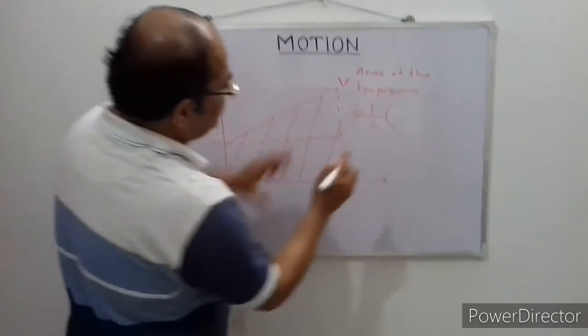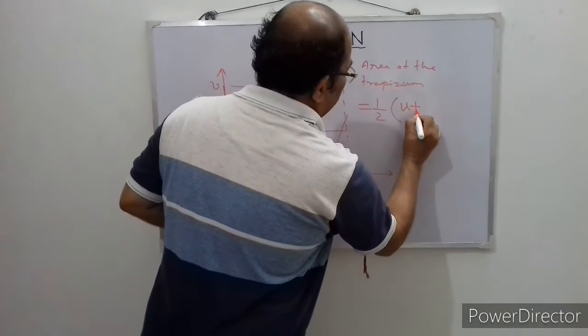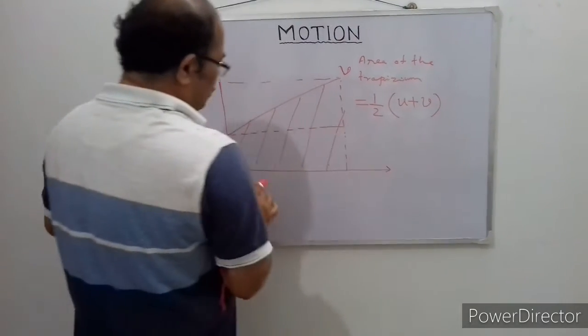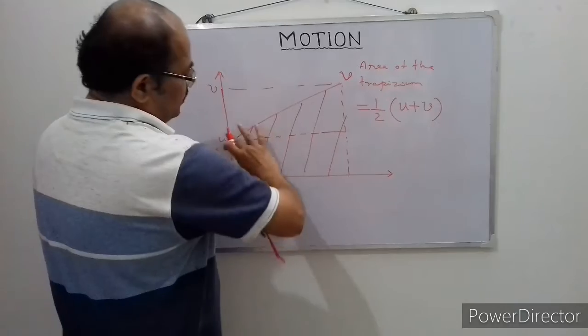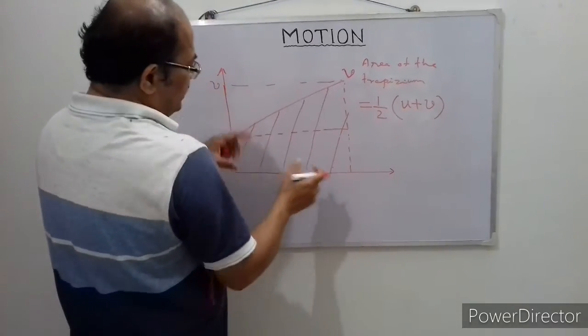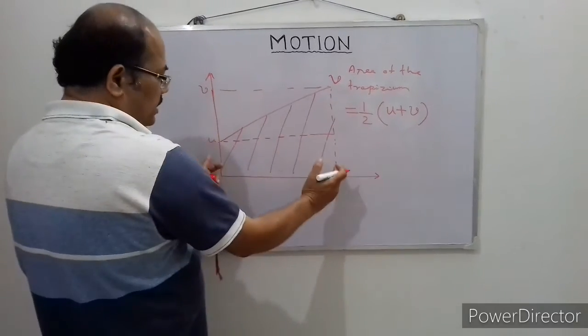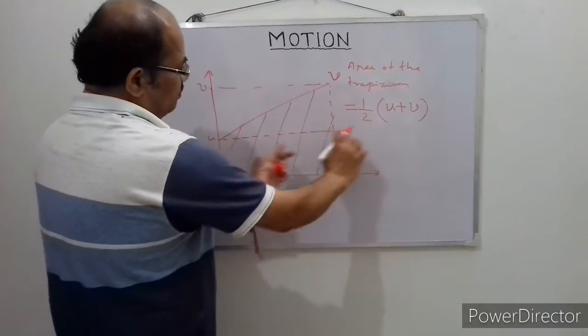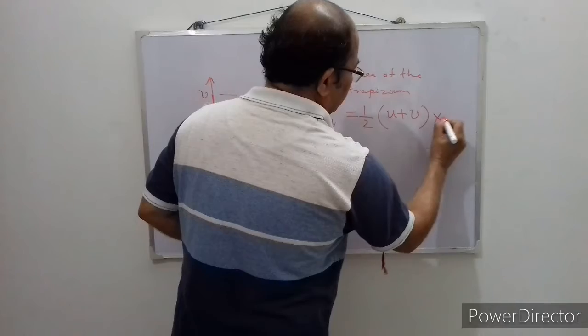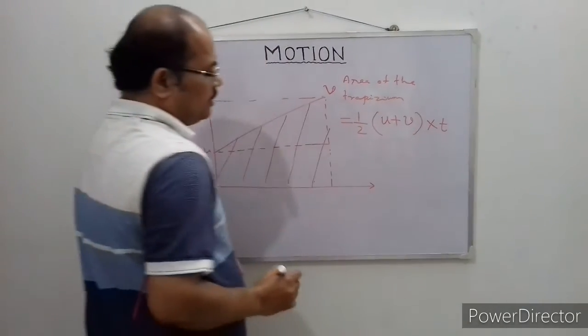This is u and this is v. So the sum of parallel sides, u plus v, into the height of the trapezium, that means the distance between the two parallel sides, that is t.